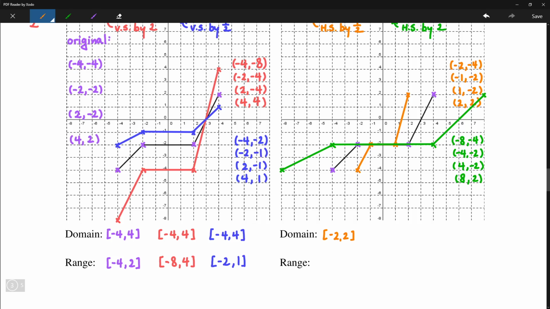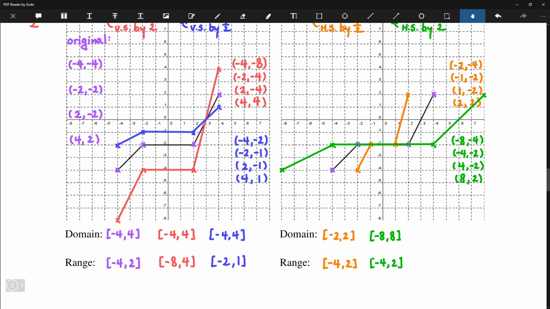And the range is the same as that of the original graph, which is -4 to +2. And the domain and range of the green graph, y equals f of 1/2 x, would be -8 to +8. And then the range, that does not change, so that would just be -4 to +2.